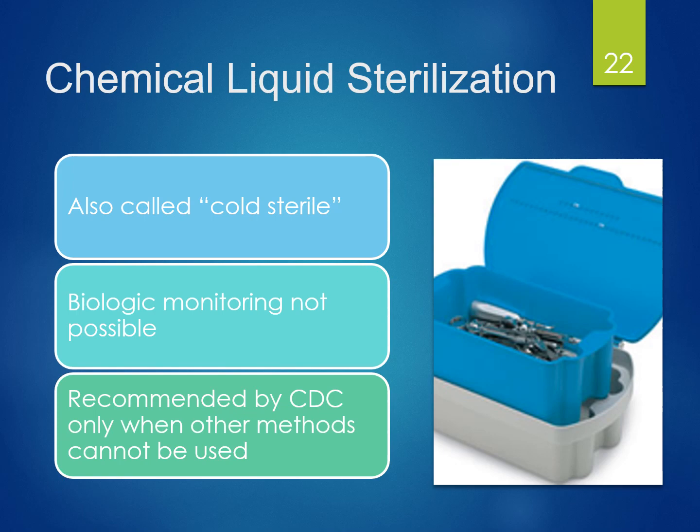Most items, having to read the instructions for this, have to be submerged for at least 12 hours to achieve full-level disinfection. So there has to be some type of monitoring system. Some offices I've seen will actually use two separate cold sterile solutions. You don't really see it used too often at our university. Some offices may still be using this.